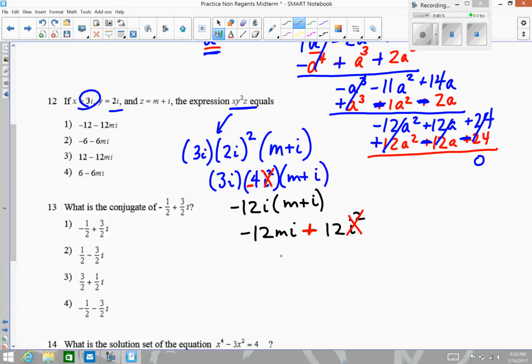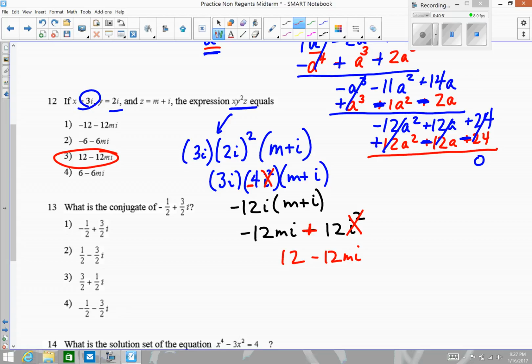So in a plus bi form, I get positive 12 first, minus 12mi. 12 minus 12mi, that's number 3.